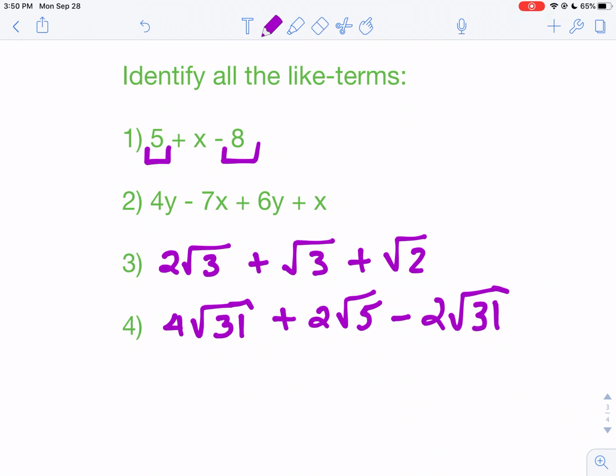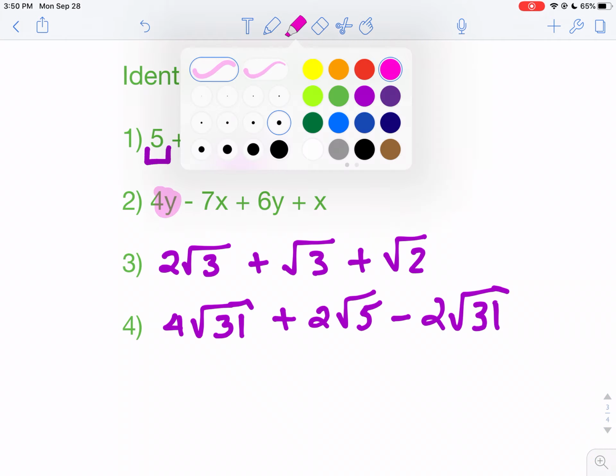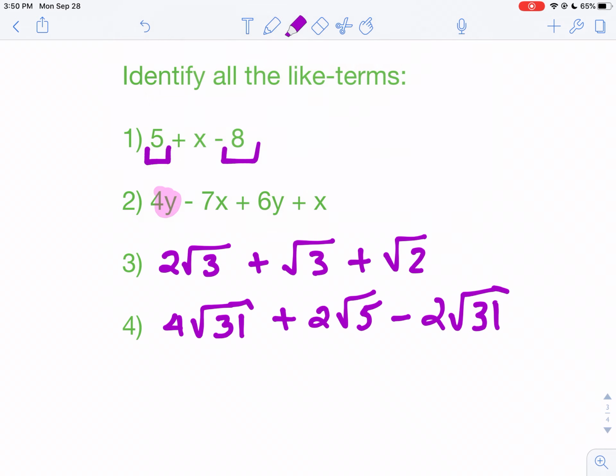Okay, number two, I have four terms: 4y, negative 7x, positive 6y, and positive 1x. Those are four terms.